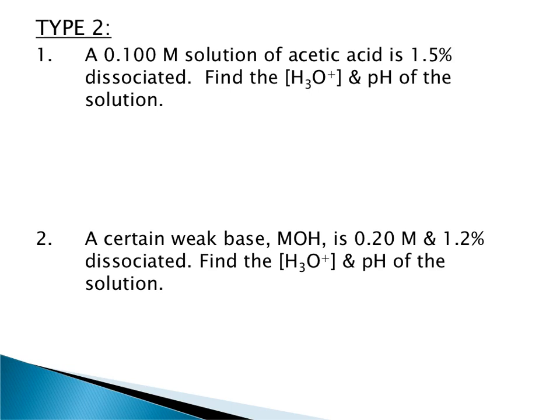So a 0.1 molar solution of acetic acid is 1.5% dissociated. Find the hydronium ion concentration and the pH of the solution. Okay, so first things first, we have to write out what the reaction will be.